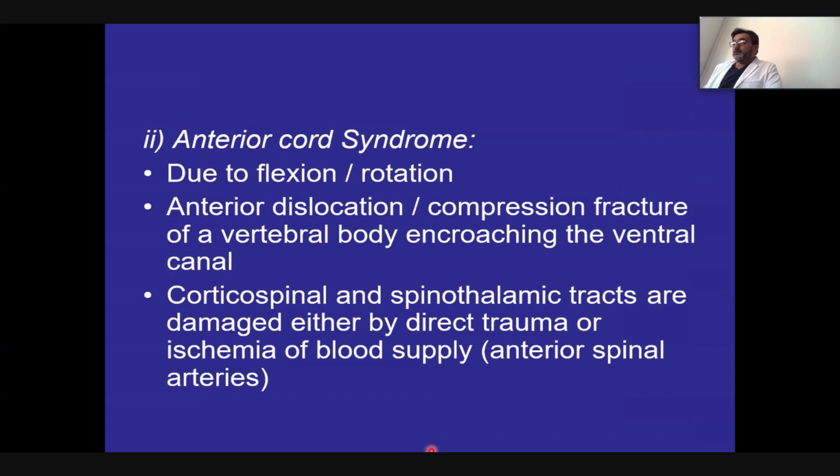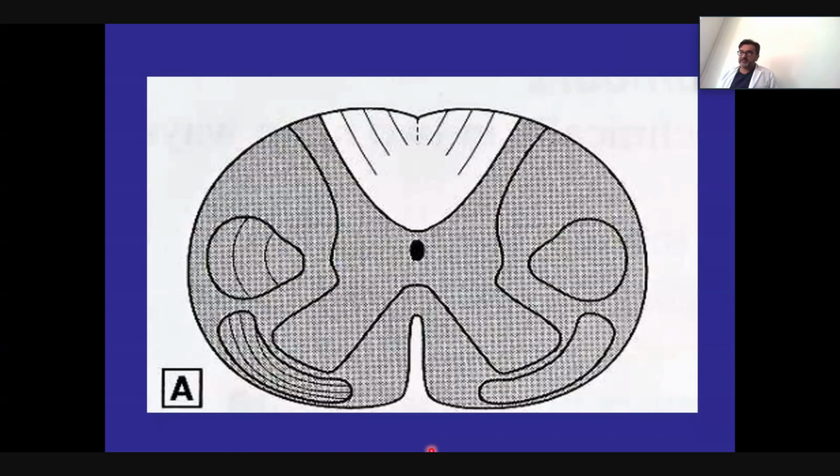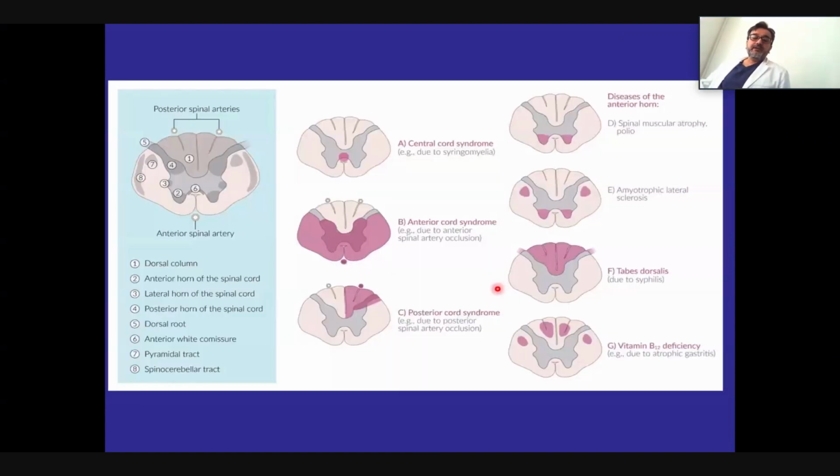So this is a picture where you are seeing all these syndromes. You can see here, this is the central cord syndrome, which is usually because of the syrinx, syringomyelia involving the cervical part of the cord. And we said in this, more medial fibers are affected as compared to the lateral fibers, especially spinothalamic and corticospinal.